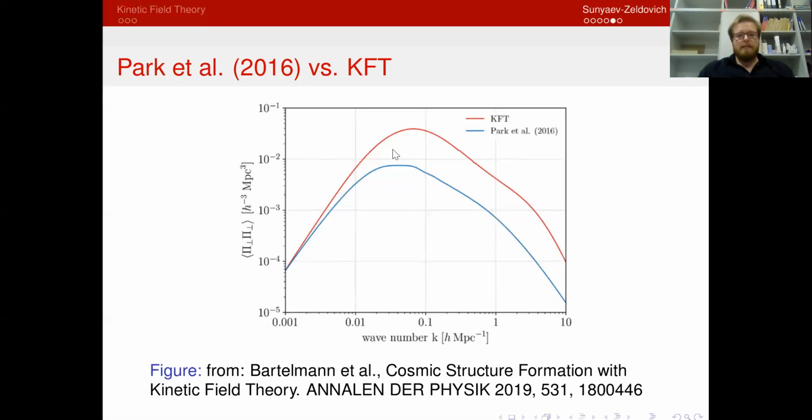But then our mean field theory result here leads to more power on almost all scales, and especially the nonlinear scales, which probably comes from the fact that the mean field contains more nonlinear dynamics than the one loop calculation that Park et al. did.